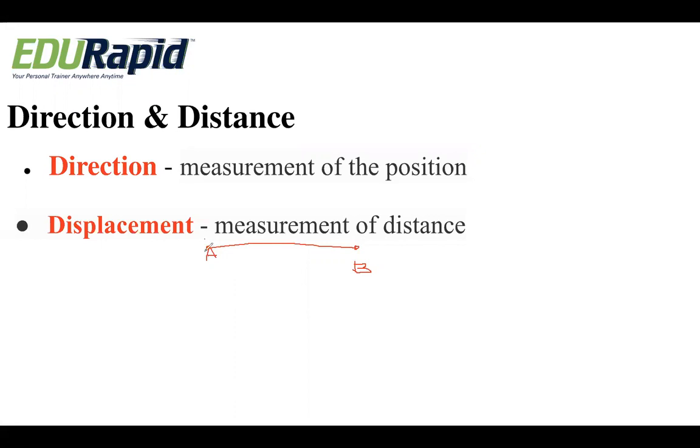The first point is called the initial point, or the point where something starts. And the end point is the destination, where things stop. So the distance between these 2 points is called displacement.